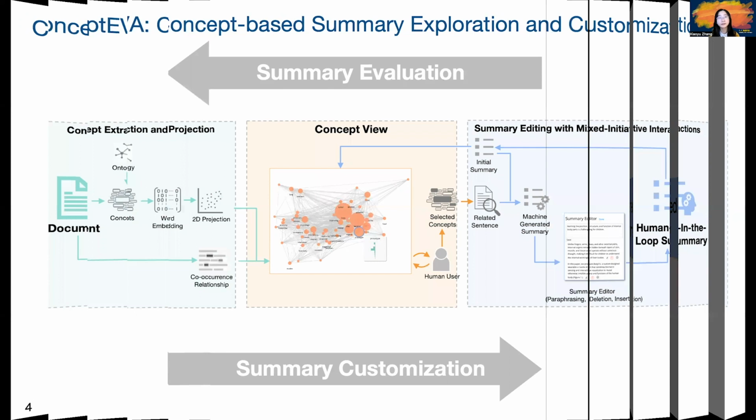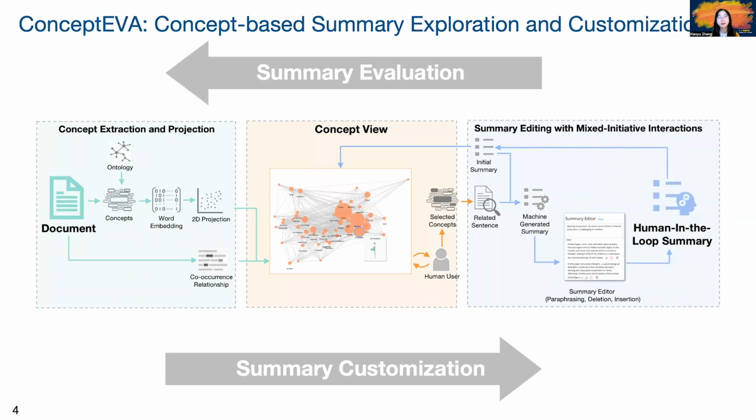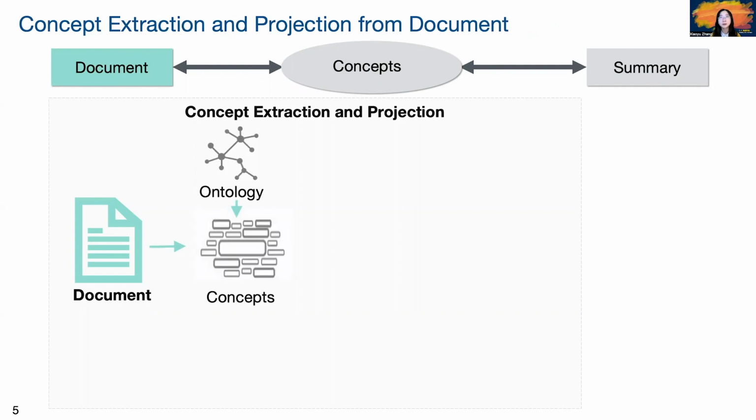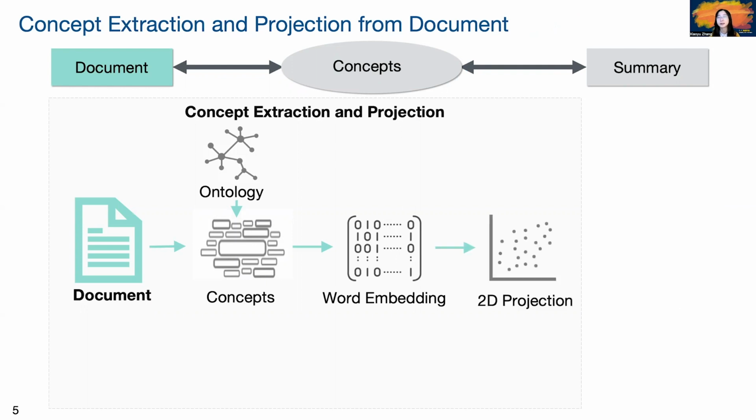In order to achieve this high-level idea, we developed a workflow with three main stages, and I will dive into a bit more detail for each of them. First of all, the original input of our workflow is the scientific document we want to analyze. By querying a domain-specific ontology, we extract all of the concepts of interest from the document, convert them to higher-dimensional word embeddings, and then further project the word embeddings to 2D space.